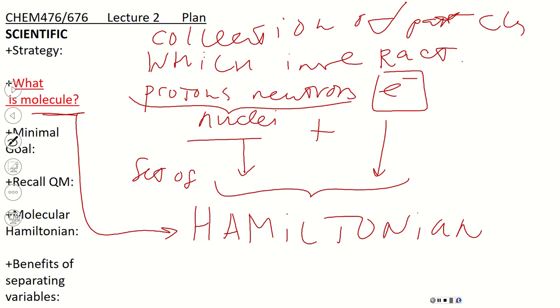Is it an oxidizer or reducing agent? Is it organic, inorganic? But if we start thinking as a physicist, you have a collection of electrons and nuclei, and you want to bring some characterization of this system.